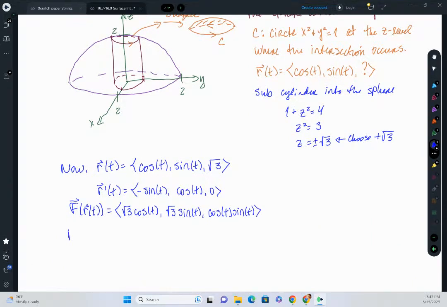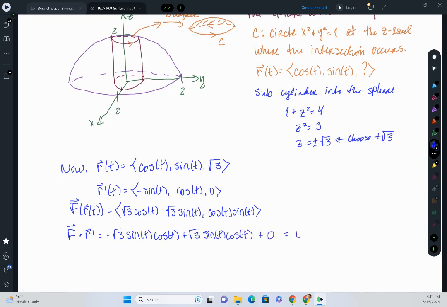All right, next calculation, and then we'll have our integrand. F dot r prime is equal to negative square root 3 sine of t cosine of t plus square root 3 sine of t cosine of t plus 0.